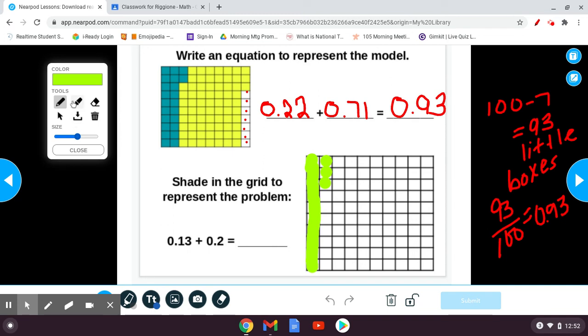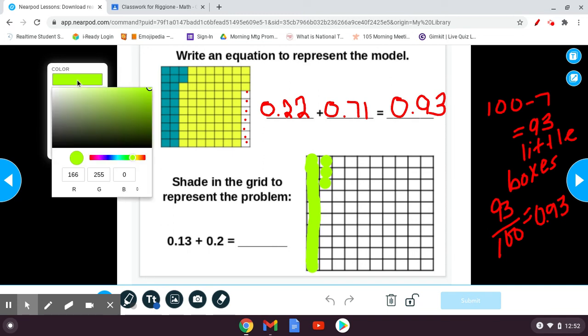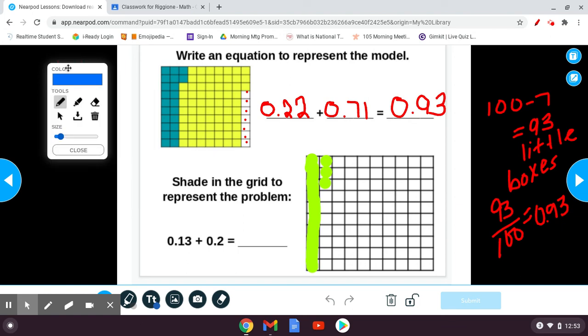The biggest mistake that I saw in this next problem, or this next add-in, is students not realizing that this really represents 2/10. This is 2/10. And we know that 2/10 is the same thing. It's equal to 20/100ths. So that means I have to fill in 20.